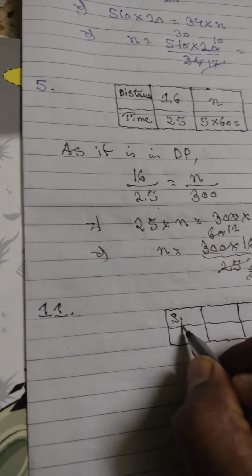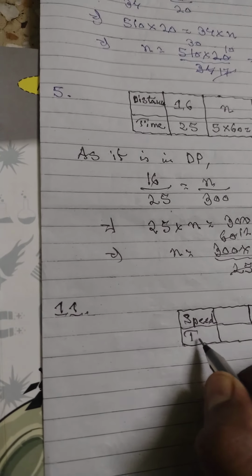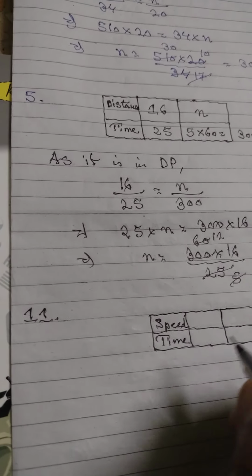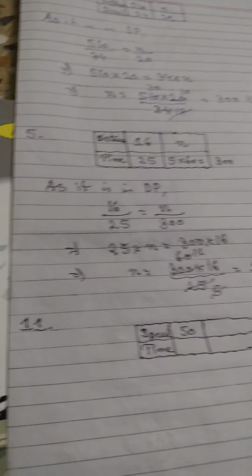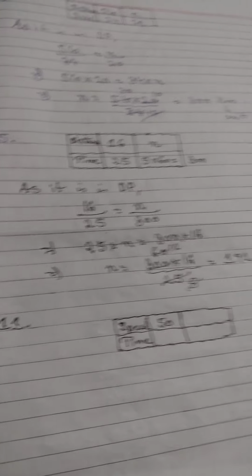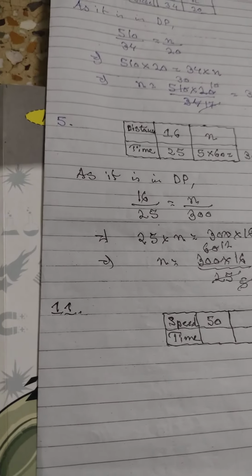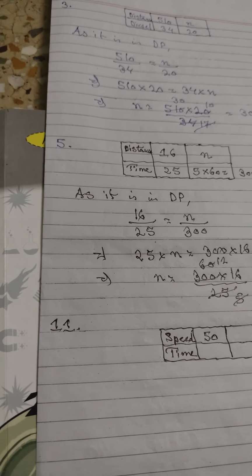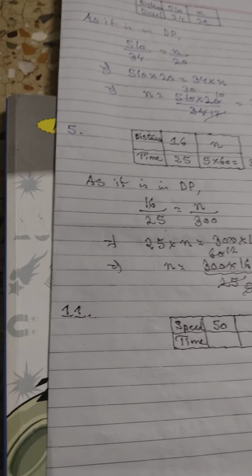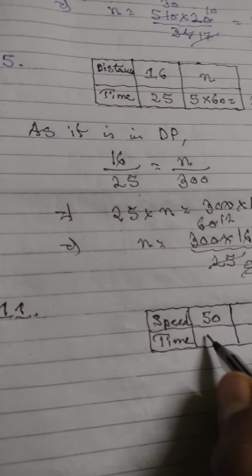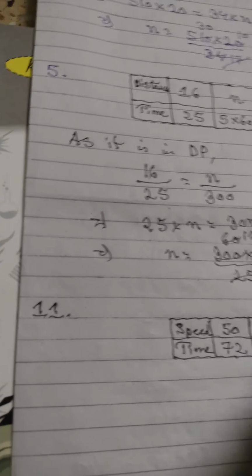So I am writing here speed, and time is given obviously. So kilometer per hour is given 50. And see here again in the question 1 hour 12 minutes. So there are two units, you have to convert into one unit. So I convert into minute. Okay, so 1 hour means 60 and 12 means 72. So it will be 60 plus 12, 72. Okay, I am writing here 72.